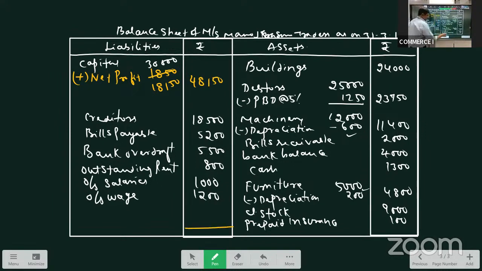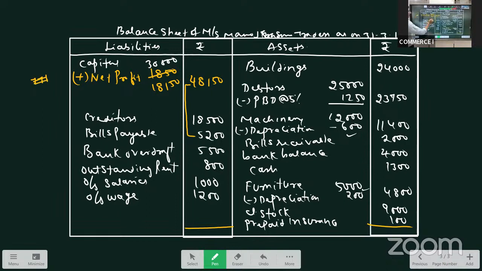Now let us see the total on the asset side and liability side. Let us do it on the liability side first. 48,150 plus 18,... you do the total in breakups.